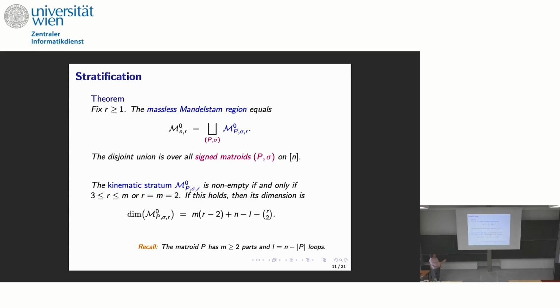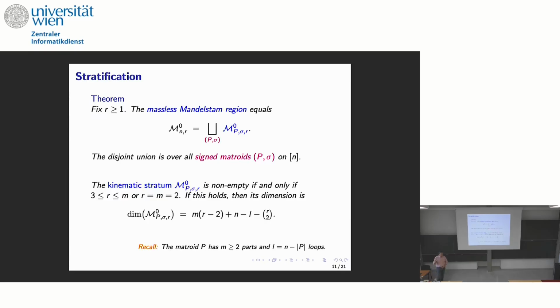I said that this is the disjoint union, but I didn't tell you yet whether this is non-empty. It could be that this blue M set is empty. So down here is a condition about when it's non-empty. It's non-empty if and only if either R is at least 3 and at most M. Remember, M is the number of blocks in the matroid, the size of the underlying simple matroid.